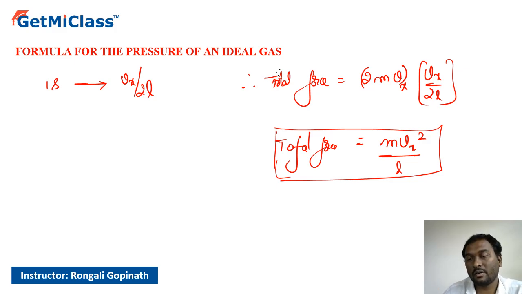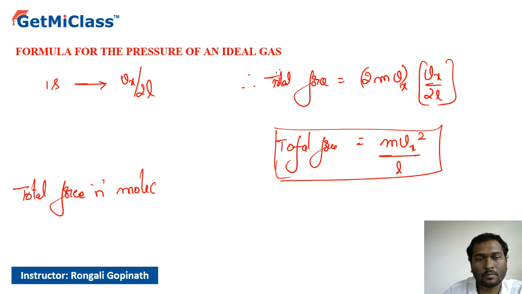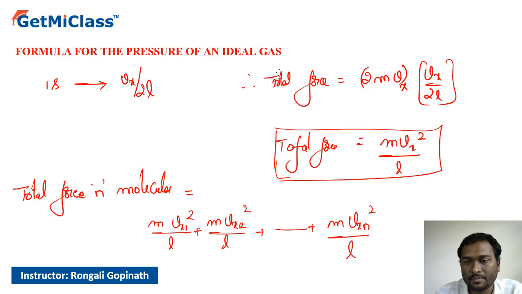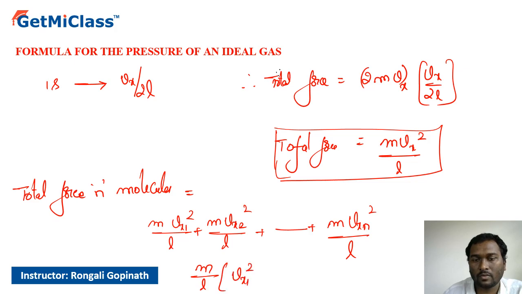So the total force created by all these n molecules is nothing but the sum of the individual forces, which is m times Vx1 square by L plus m times Vx2 square by L, and so on to m times Vxn square by L. Here I can take m by L constant: it is Vx1 square plus Vx2 square, and so on to Vxn square.